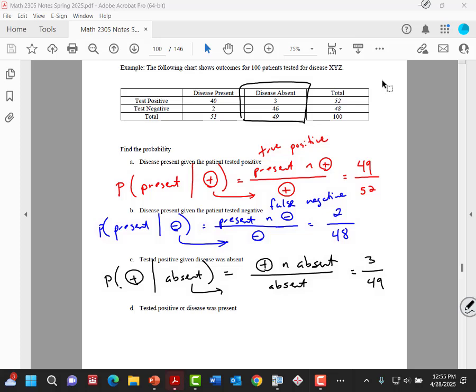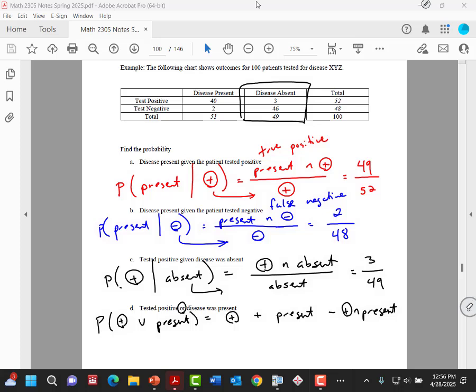What about tested positive or the disease was present? Okay, how could we do that one right there? So the probability of positive, the clue right here is "or," so the union, present would equal positive plus present, subtract positive and present. Okay, how many people tested positive?